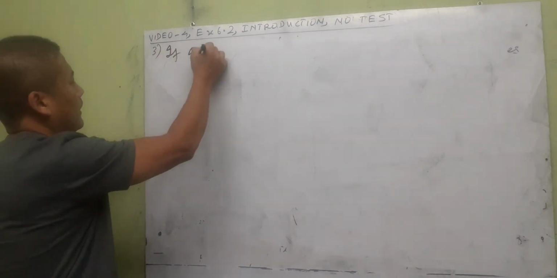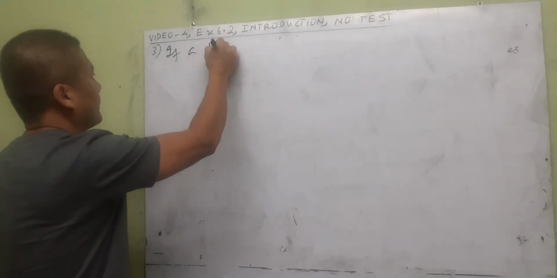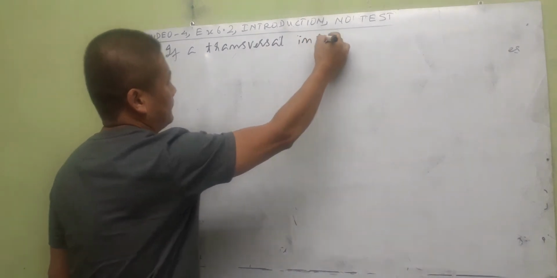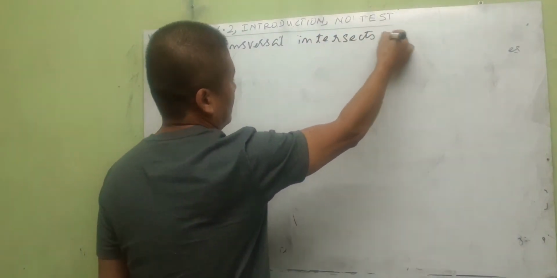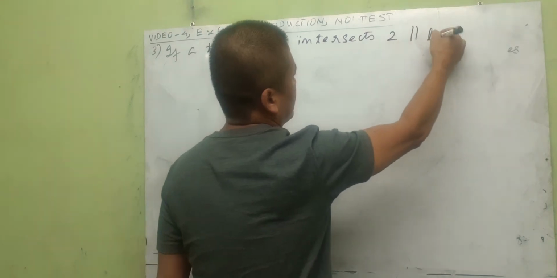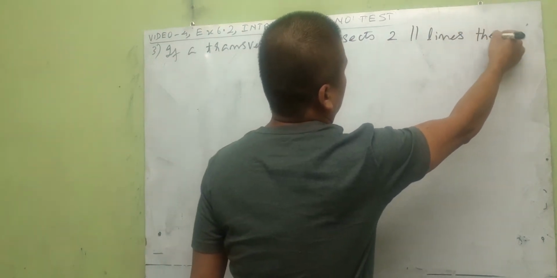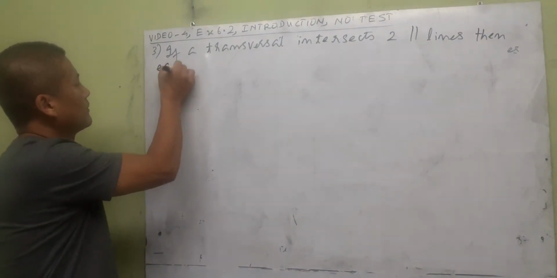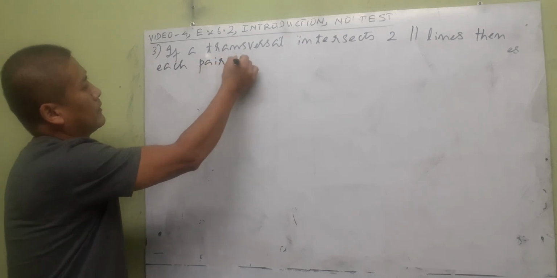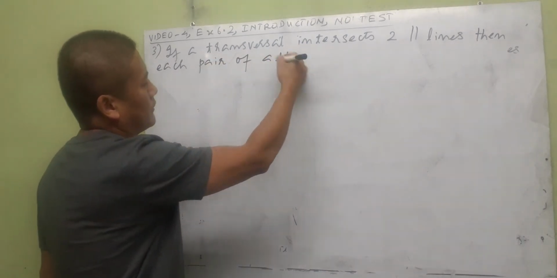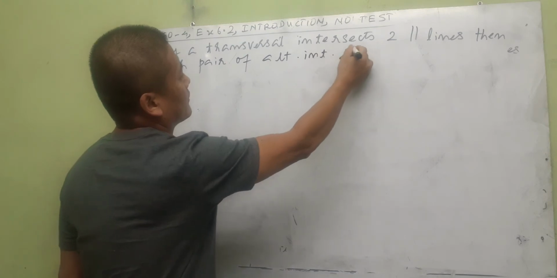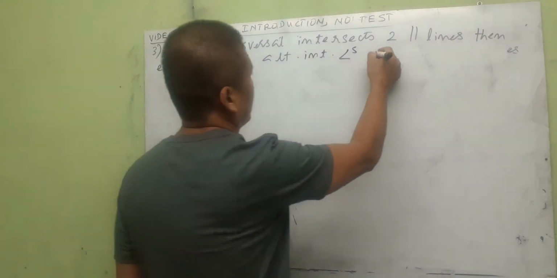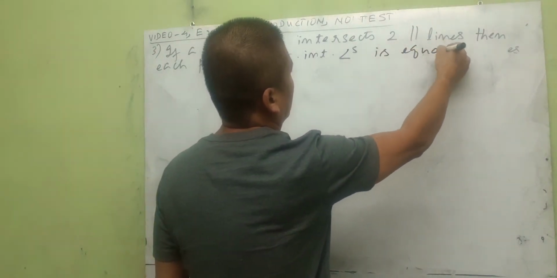If a transversal intersects two parallel lines, then each pair of alternate angles, or alternate interior angles, is equal. There will be two pairs, I think.